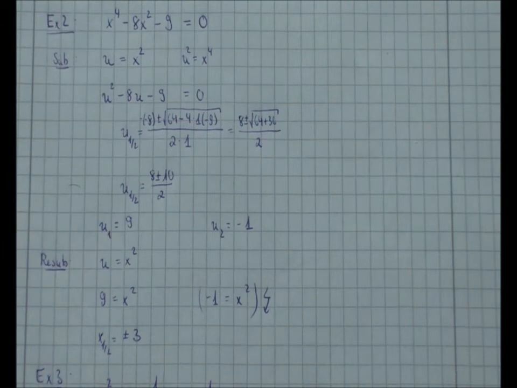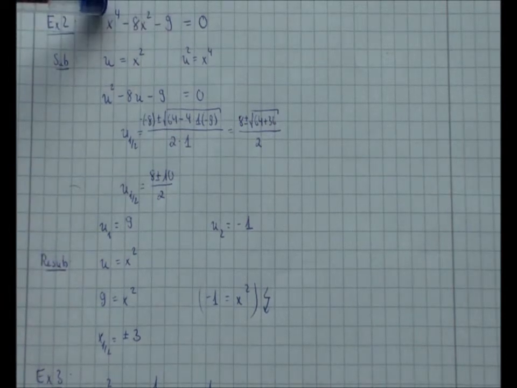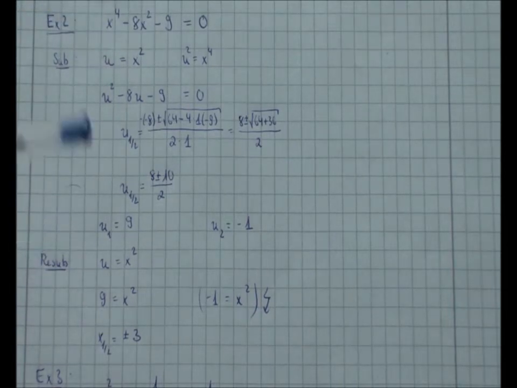So very, very important. Anytime you see only 2 x terms, x to something and x to something else, and the power of one is just double the other, you can use substitution.